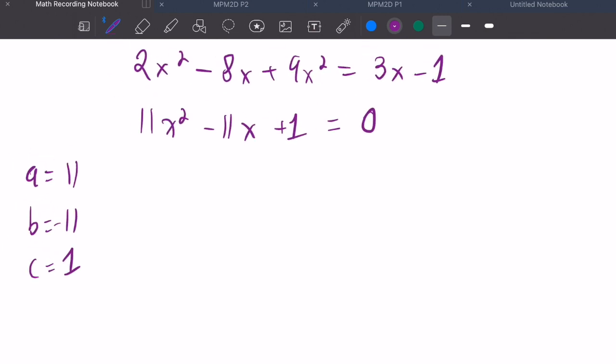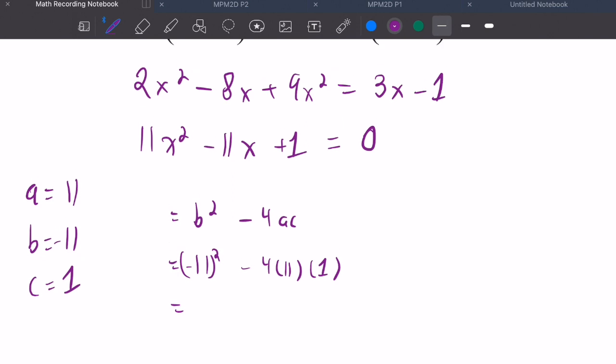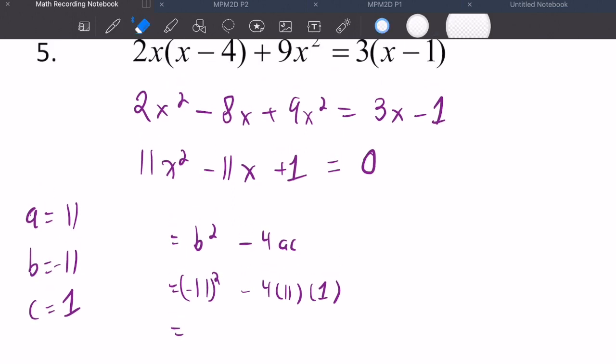So let's put this stuff in. We've got b squared minus 4ac. We get negative 11 squared minus 4 bracket 11 bracket 1. Oh, I made a mistake up here, guys. Notice here, that should have been a 3.